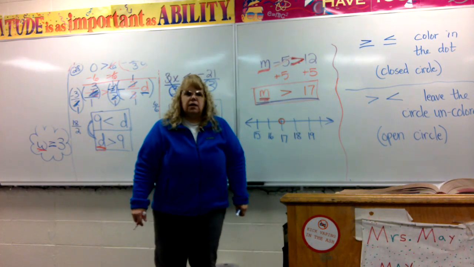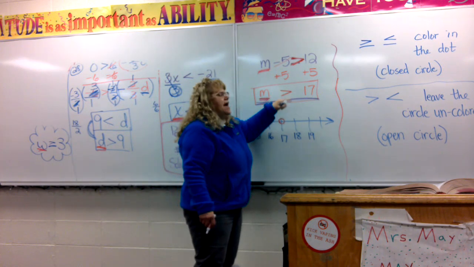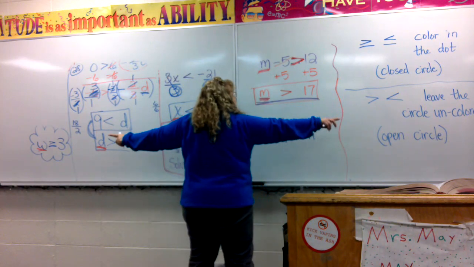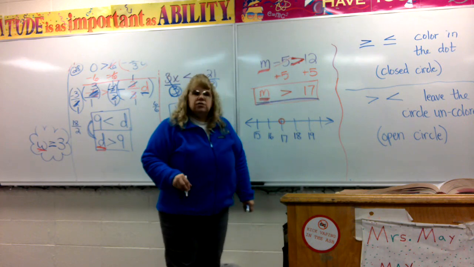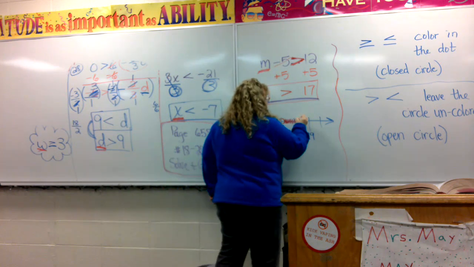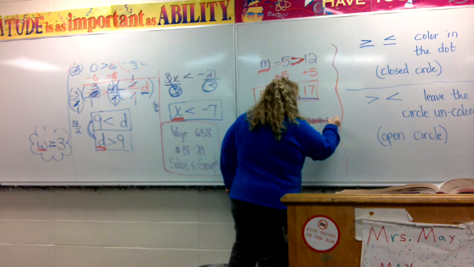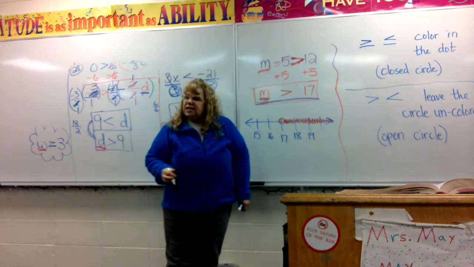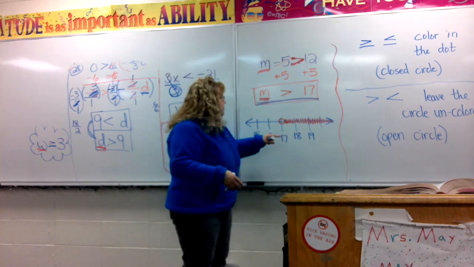And then I want m's that are greater than 17. Which way, to the right or to the left? To the right. So on your number line, I like to color it like this so I can see. What that tells you is a visual representation of the solution.